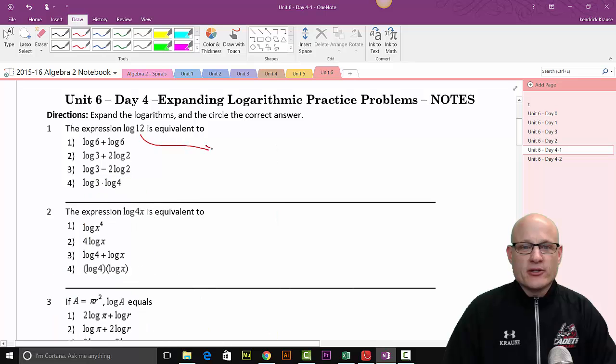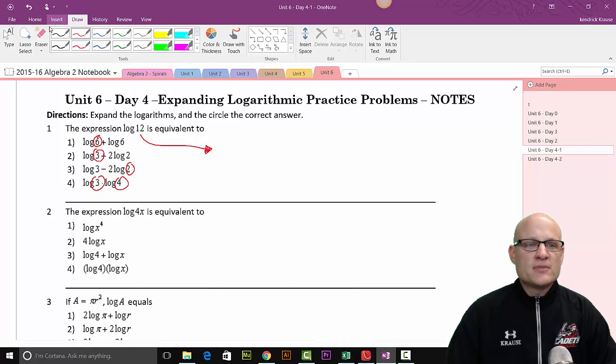All right, so here's what we're going to do. We want to break this up and say, what is this equivalent to? I could just use my calculator, but let's pretend I don't have one. What are different ways of writing 12? You have to use 6s and 3s, because the only things I see down here are 6s and 3s.